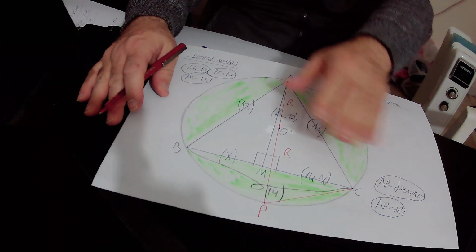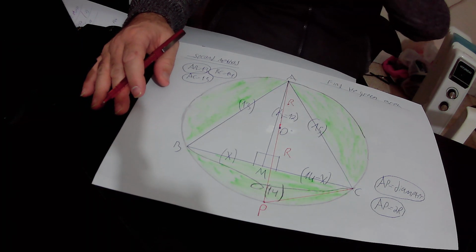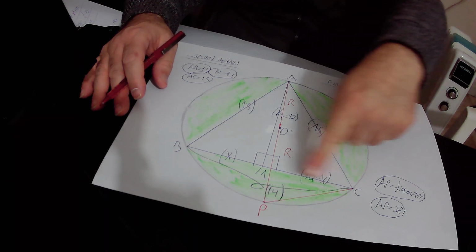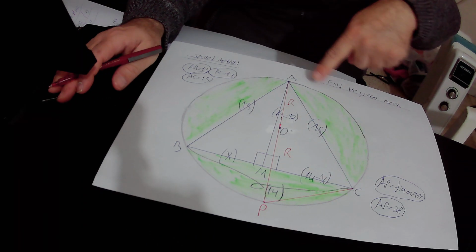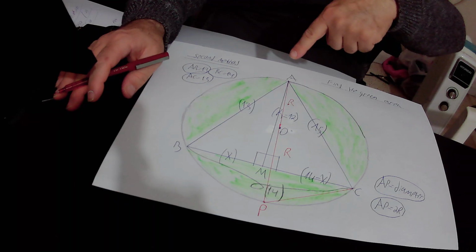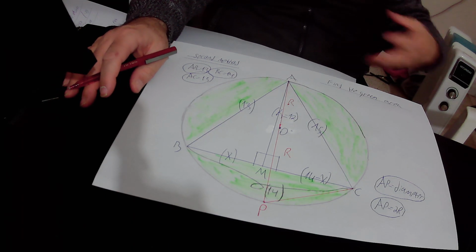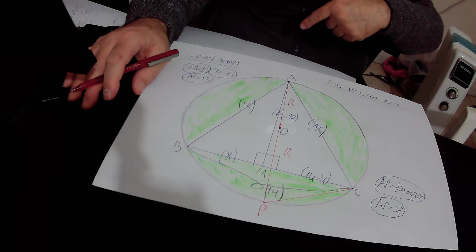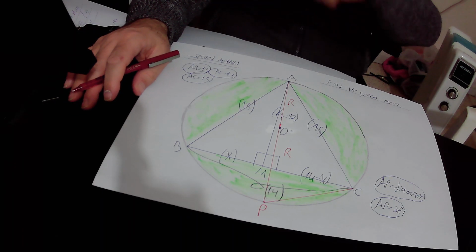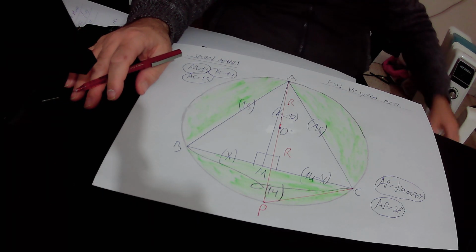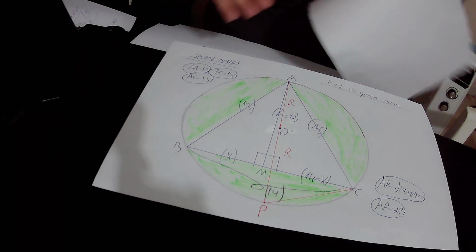By joining points P and C, we created here peripheral angle ACP. This peripheral angle ACP rests on AP, that is the diameter of the circle, and we have rule number 7 that states that any peripheral angle that rests on the diameter of the circle must be equal to 90 degrees. So I'll read rule number 7 again.